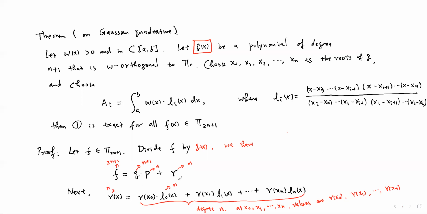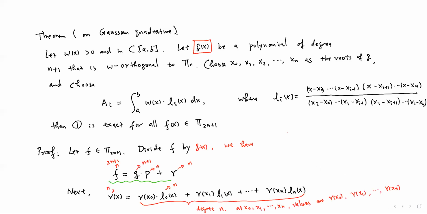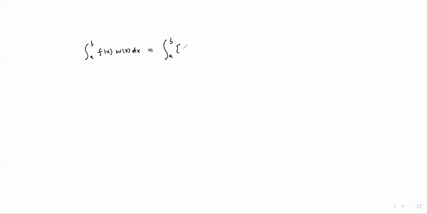Now take the integral of this equation with the weight w. The integral from a to b of f(x) w is equal to the integral of (Q P plus R) w dx.